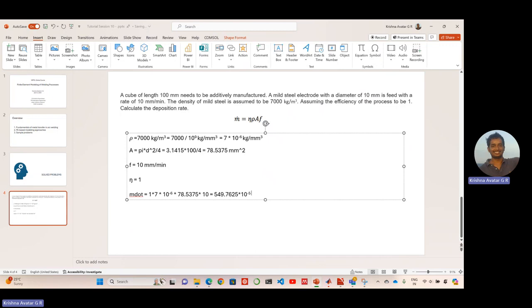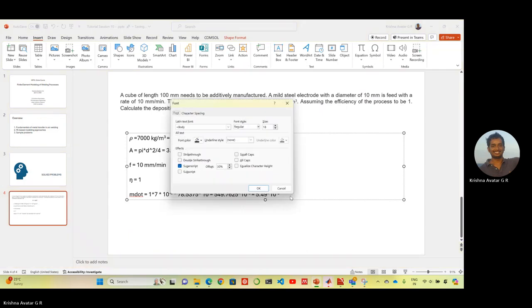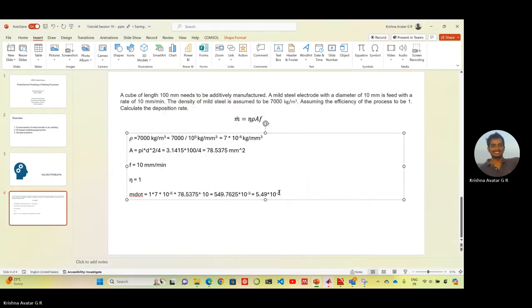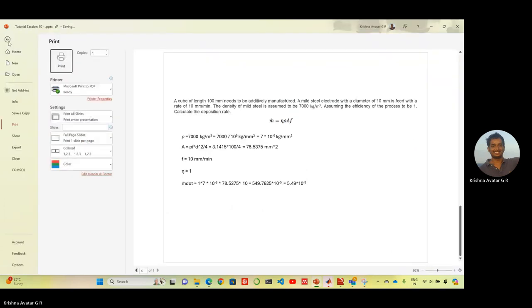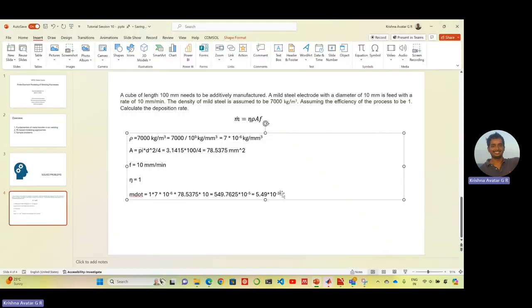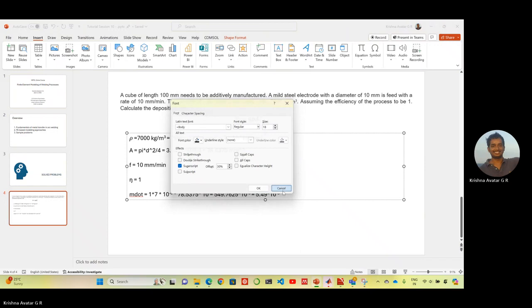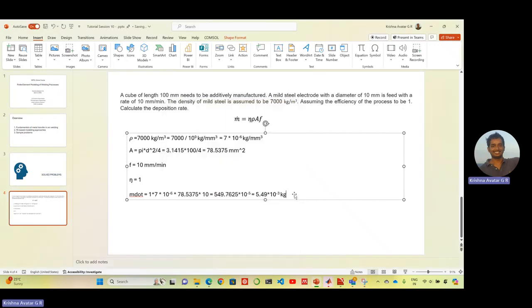Then in scientific format, we can write this as 5.49 multiplied by 10 power minus 3 kg per minute.